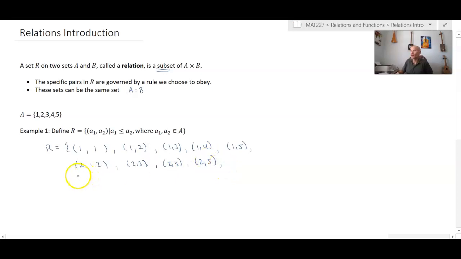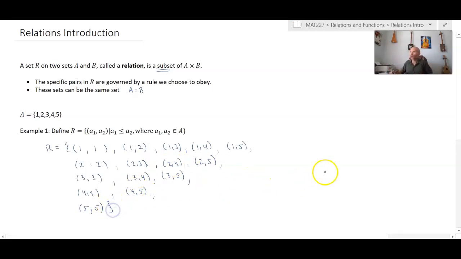And now I can move on to the element 3. 3 is less than or equal to itself. 3 is less than or equal to 4. 3 is less than or equal to 5. And now I can look at the element 4. 4 is less than or equal to 4. 4 is less than or equal to 5. And then 5 can only be paired with itself because it is the biggest element and it is in fact equal to itself, so it belongs in that set.